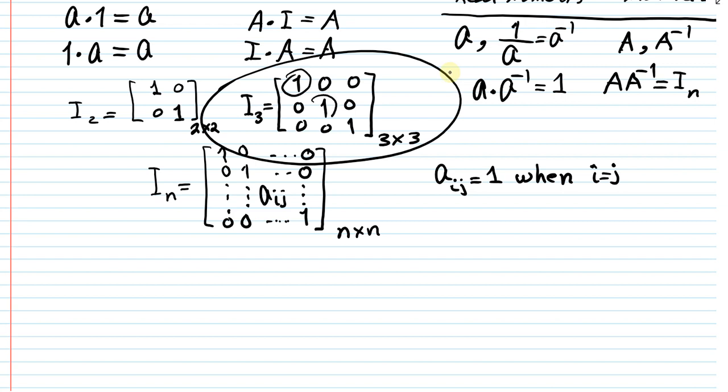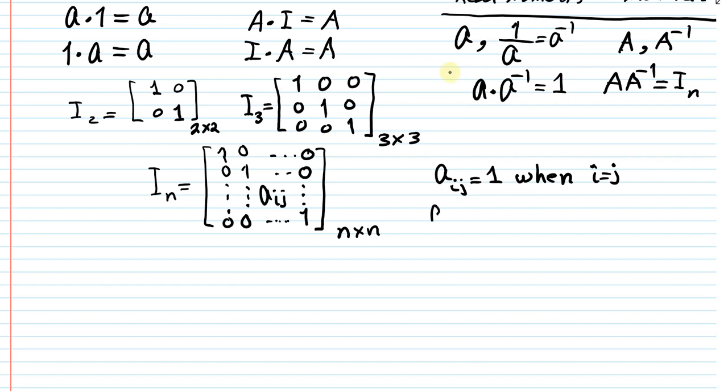So that's a11, a22, a33. If it was 4 by 4, the next one would appear at a44. So as long as the subscripts i and j are the same, the value is 1. And if the subscripts are different, not equal, then the value would be 0. And that's how you interpret this a_ij in the middle of the identity matrix.